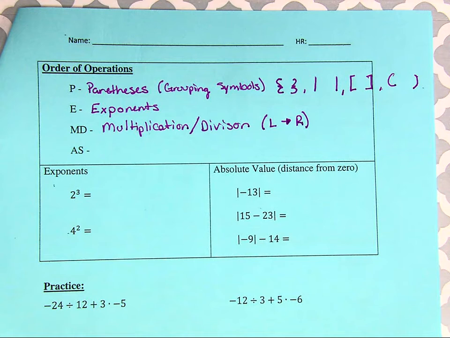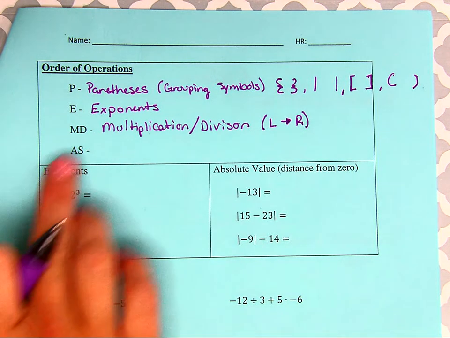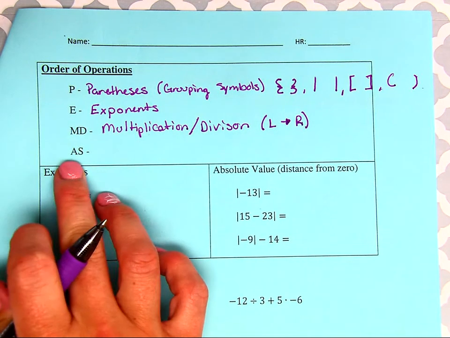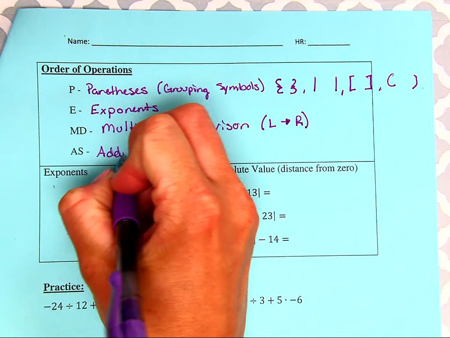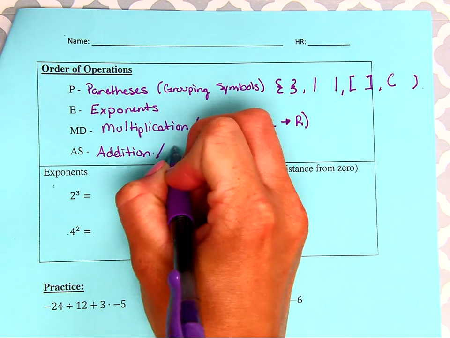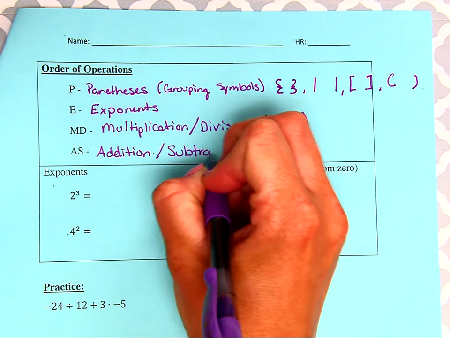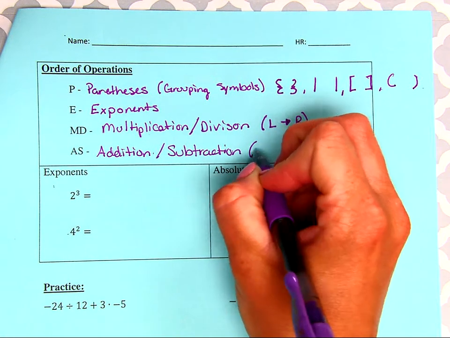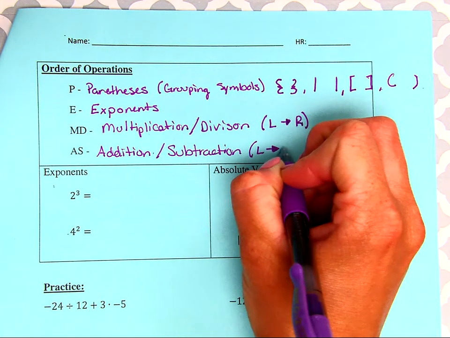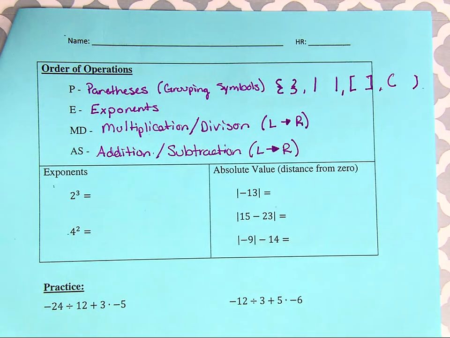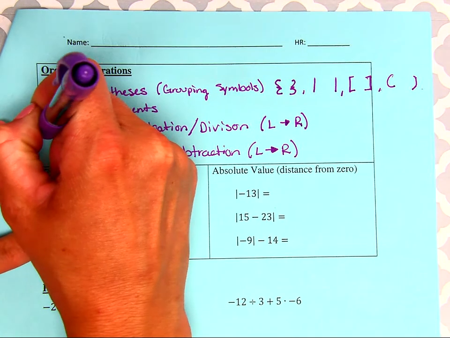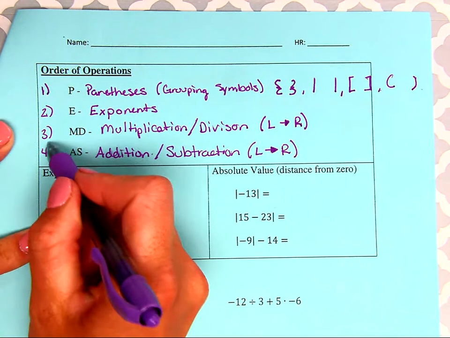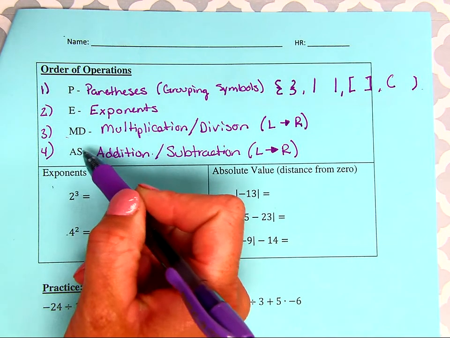Sometimes we'll divide first, sometimes we'll multiply first, it just depends. It's the same thing with this last step: addition and subtraction, we always do from left to right. So I always say there are 4 steps to the order of operations, because these are one step here since we're doing them from left to right.